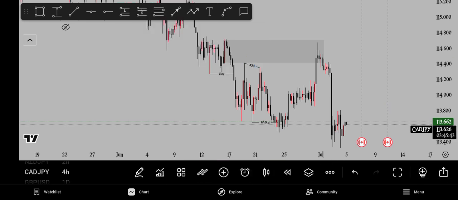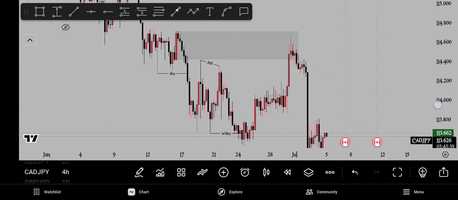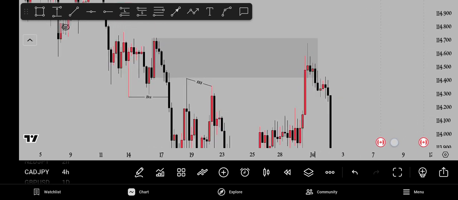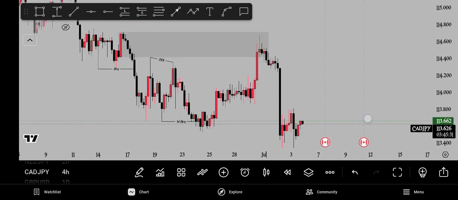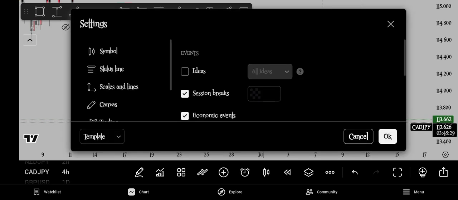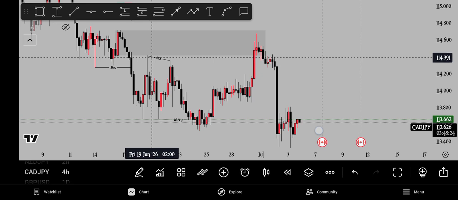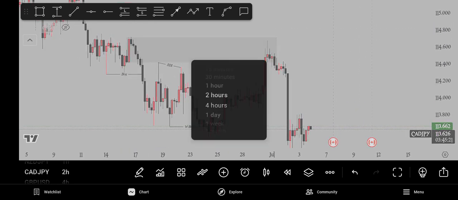After price came into contact with our zone, like I said, since this is a 4-hour zone, and price has taken this liquidity, let's go to the 1 hour first.